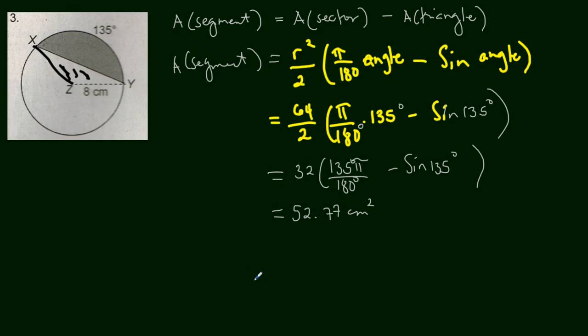The other method that you can use is to build an isosceles triangle. This is 8, and these two sides should be equal.